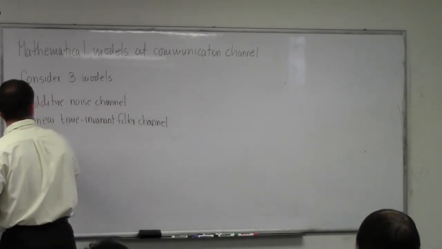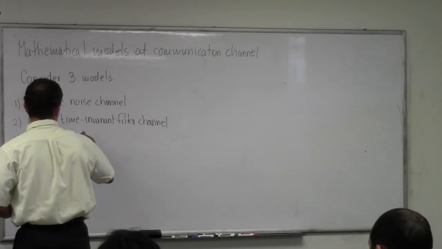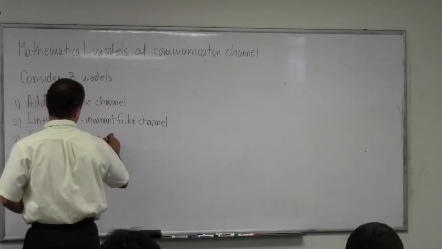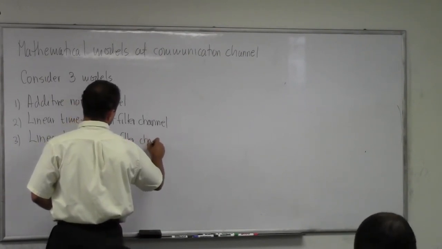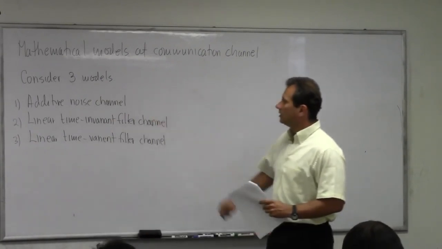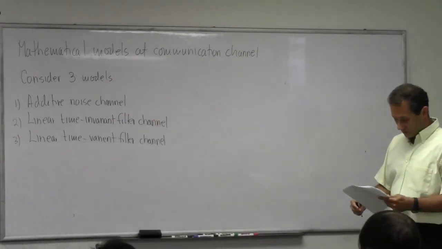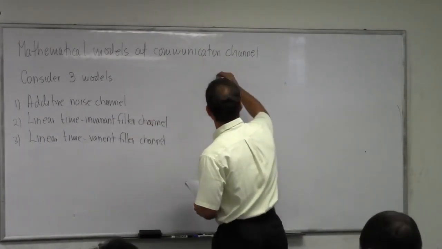And the third one is going to be linear time variant filter channel. So these are the 3 types of channels that we're going to consider. Let's look at first the block diagram of the additive noise channel.